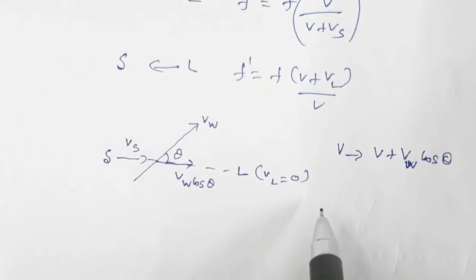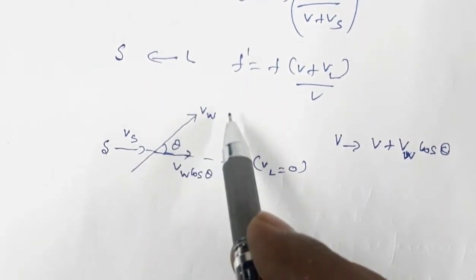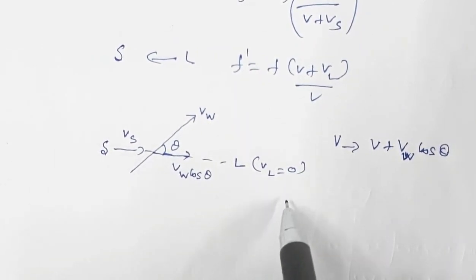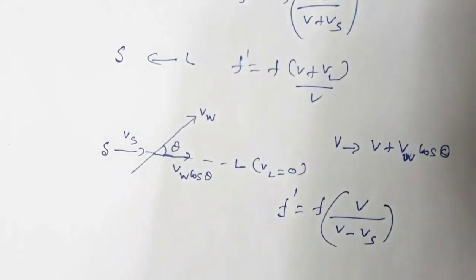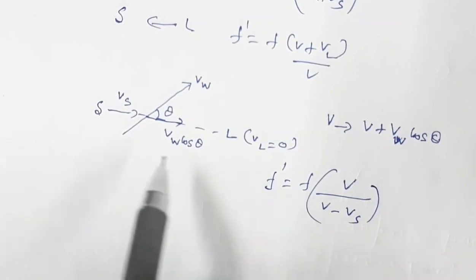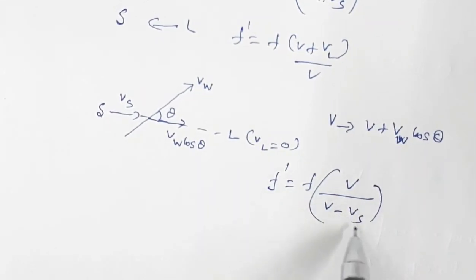If there is no wind blowing, then for this situation the apparent frequency will be f dash equal to f v divided by (v minus vs), since the source is moving towards the listener and vs is in the denominator.